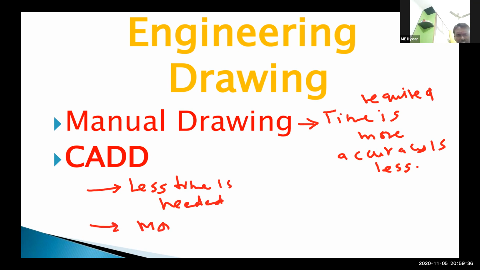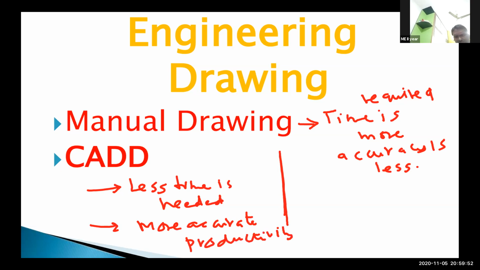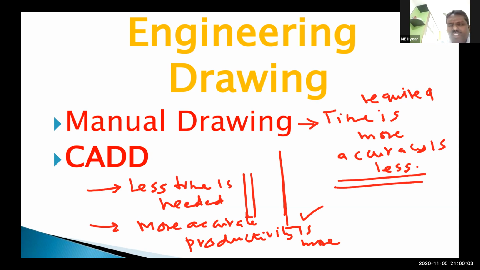More accurate. So that is the difference between these two. And here, productivity is more. If these two are there, automatically one can produce so many drawings in the stipulated time. With manual drawing, productivity is less. It takes a lot of time. So automatically productivity will be ready.